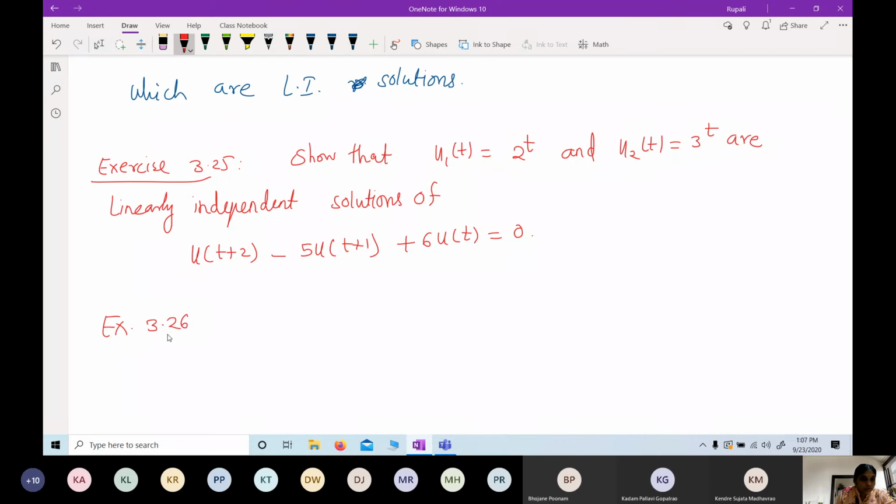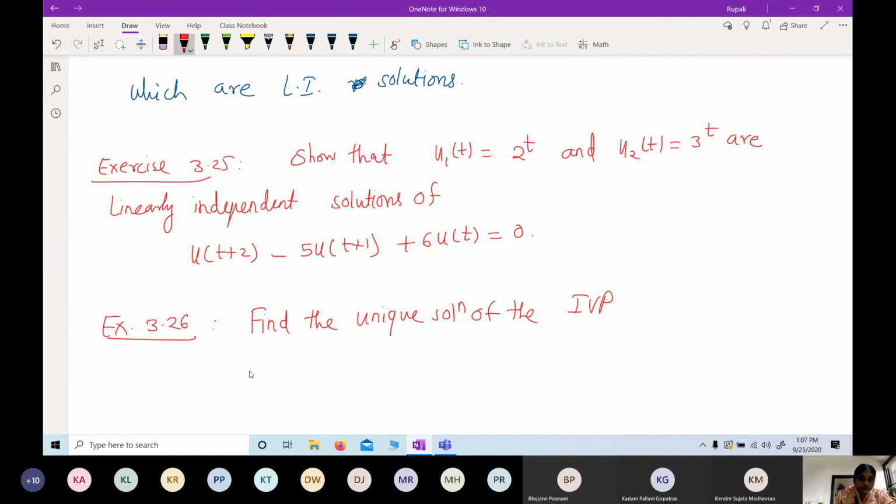Exercise 3.26 also there. Find the unique solution of the initial value problem given.